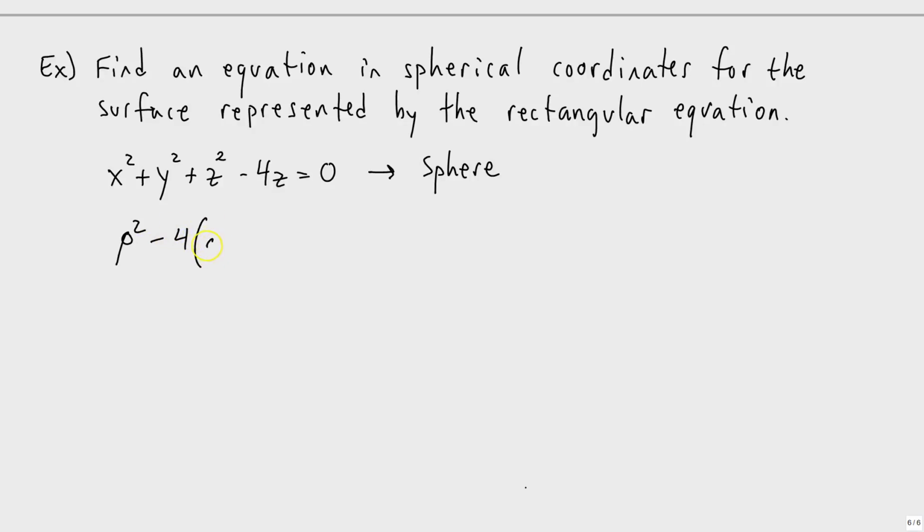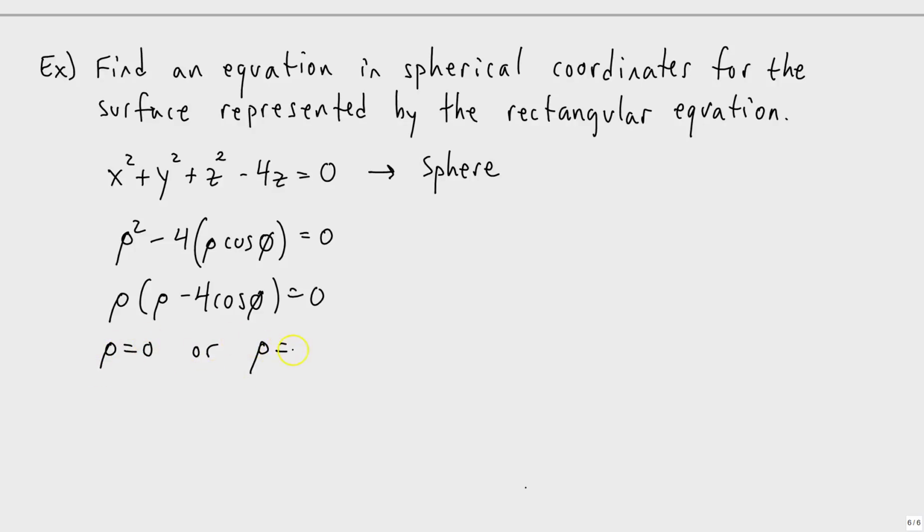And z is rho cosine phi. So we can take out a rho. So rho is 0, or rho is 4 cosine phi. Now, rho equaling 0 is a solution to this equation, so this is not needed. It's redundant. So we end up here.